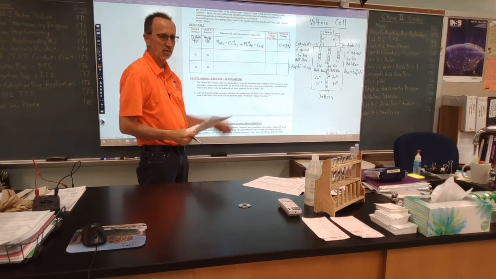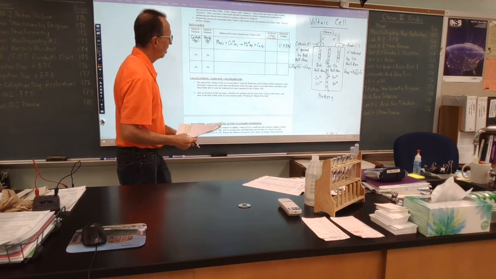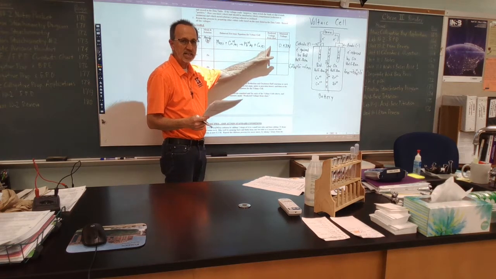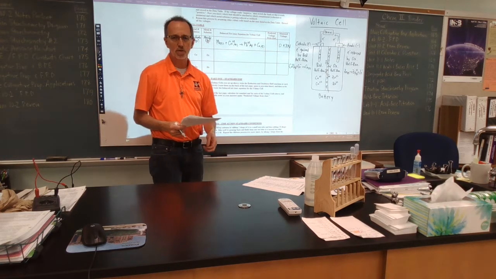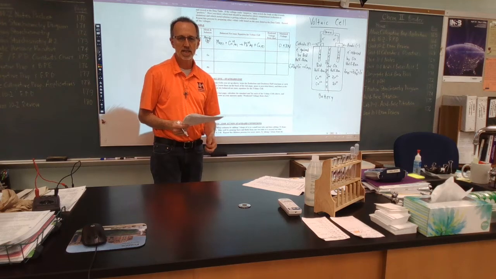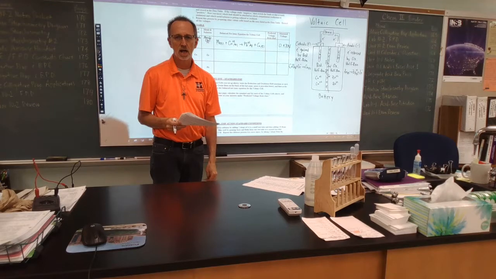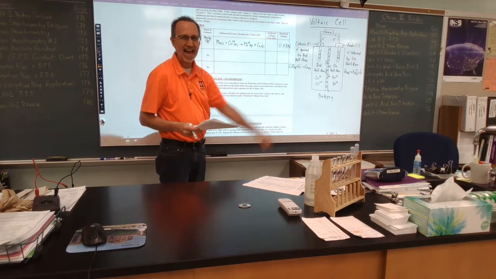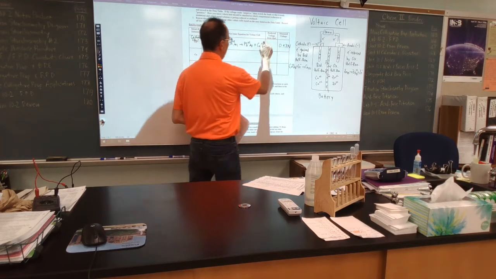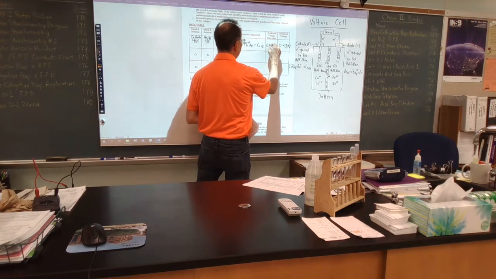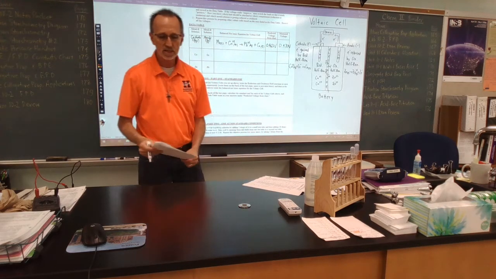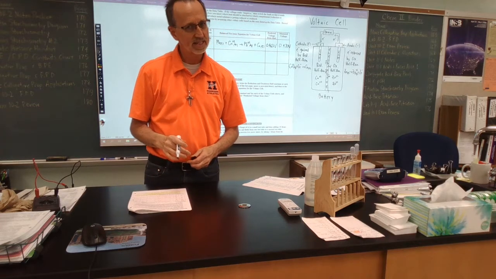So the work for this we, of course, showed on the last page. Then we calculated E cell. That is our predicted voltage. That is the theoretical voltage that this voltaic cell should produce. This is our actual right here. So that was 0.463 volts. As you can see, it's not bad.